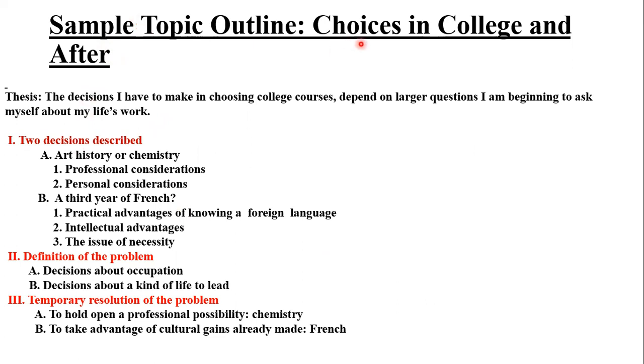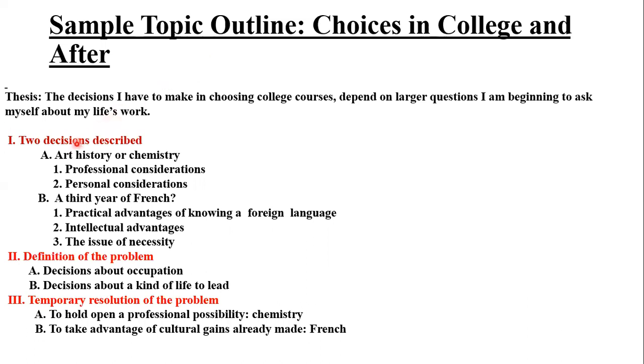This is choices in college and after. These are the main choices of selecting subjects for students in college, and even after graduation from the university degree, they take these subjects as the main leading subjects in life.